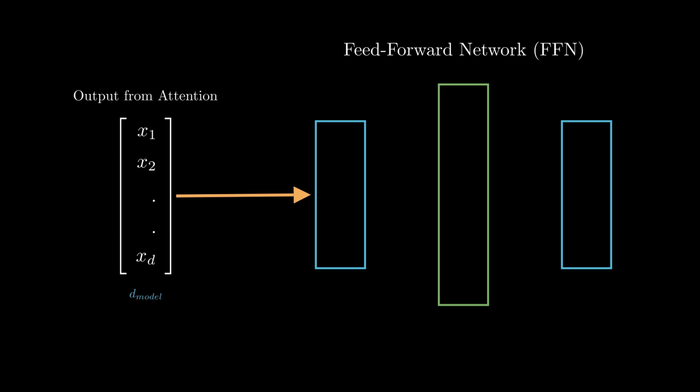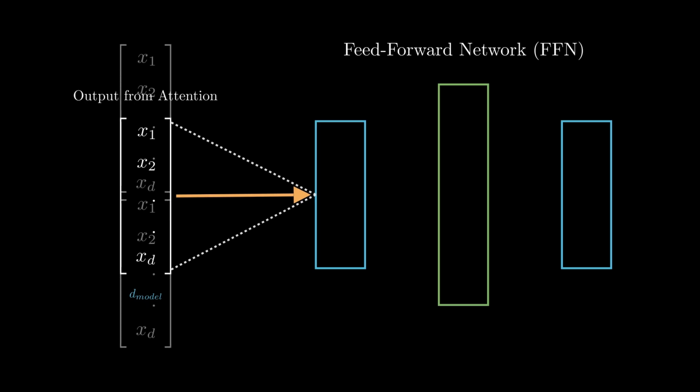Now, here is a critically important detail about how this FFN operates within the transformer. While the attention mechanism's entire purpose was to share information between tokens, the feed-forward network does the opposite. The exact same feed-forward network, with the exact same learned weights, is applied to each token's vector completely independently. There's no information sharing between tokens at this stage.